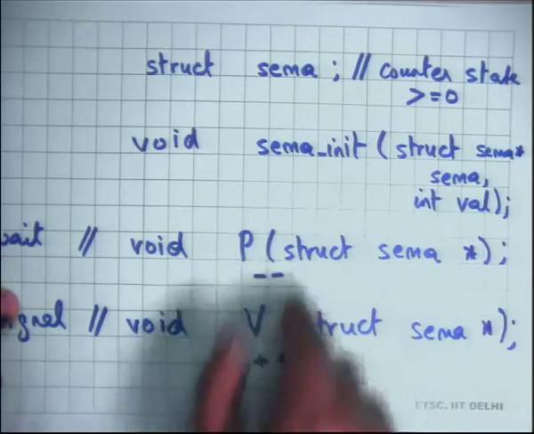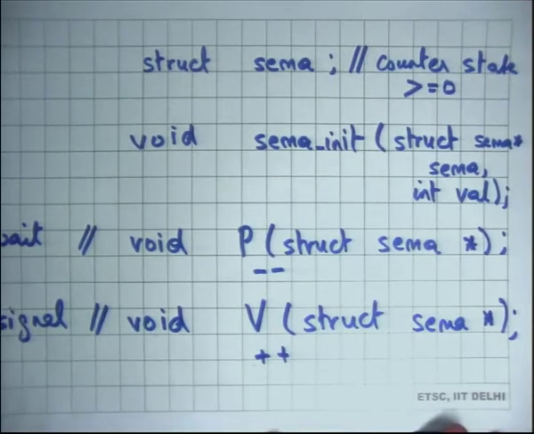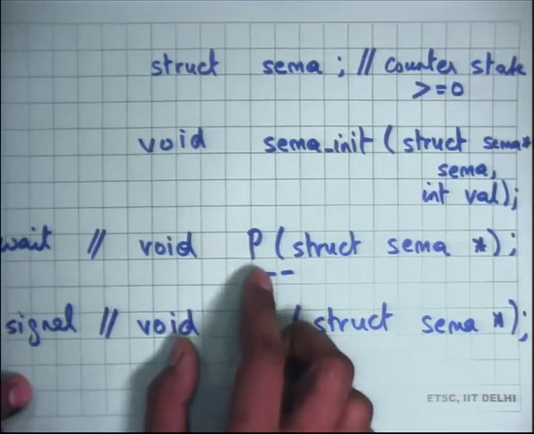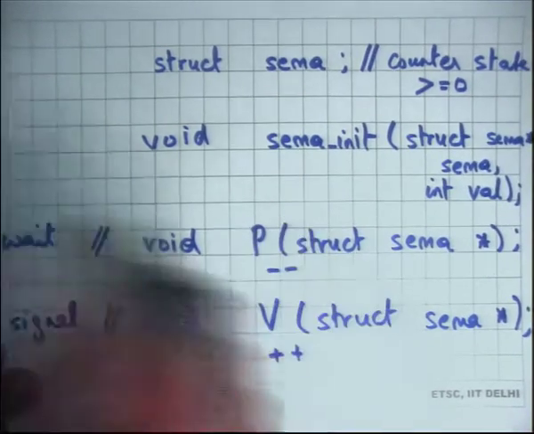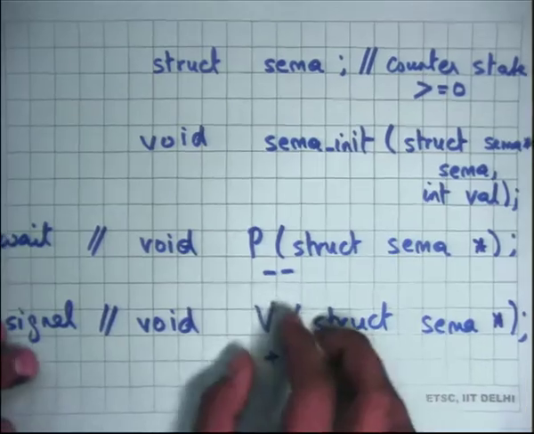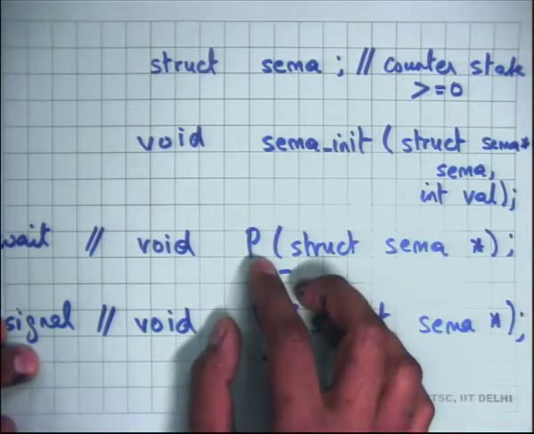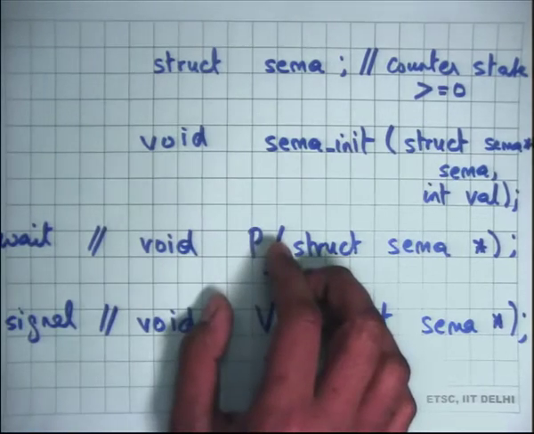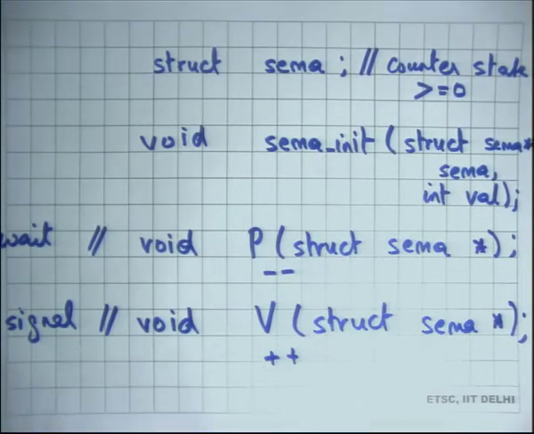And then these are the three functions that you can use on the semaphore. In many ways semaphores and condition variables look a little similar, because condition variables also had a wait function and a notify function, and one may be tempted to say, oh, P looks very similar to wait and V looks very similar to notify.